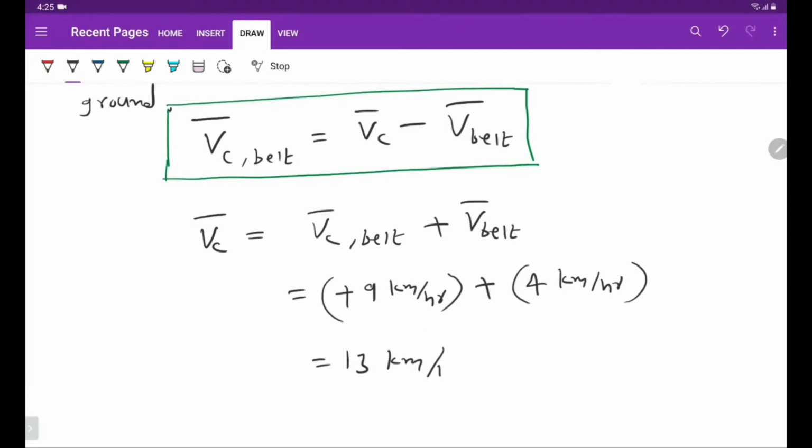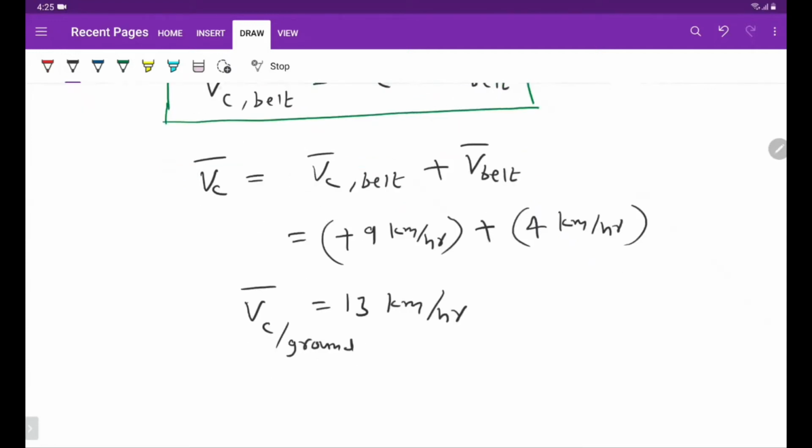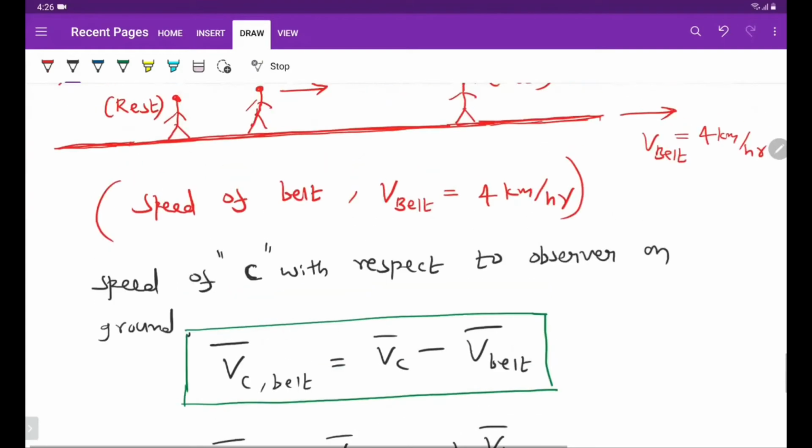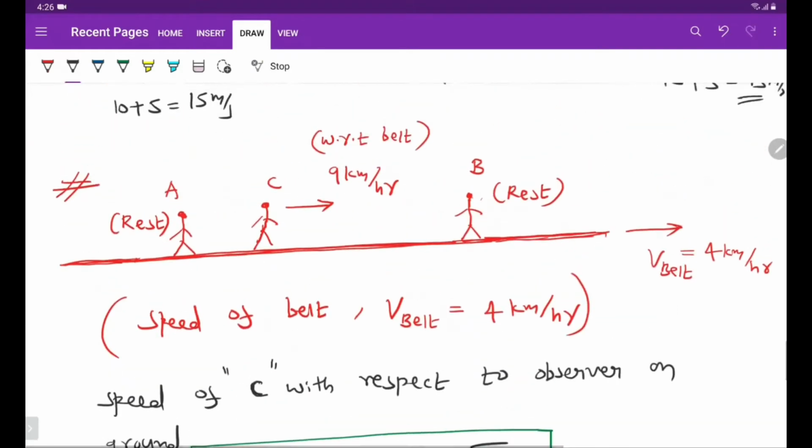This is the speed of person C when observed by a person on the ground. So we got the answer here, plus 13. Plus tells right side. So with respect to the observer on the ground, C is moving right side with the speed 13 km per hour.